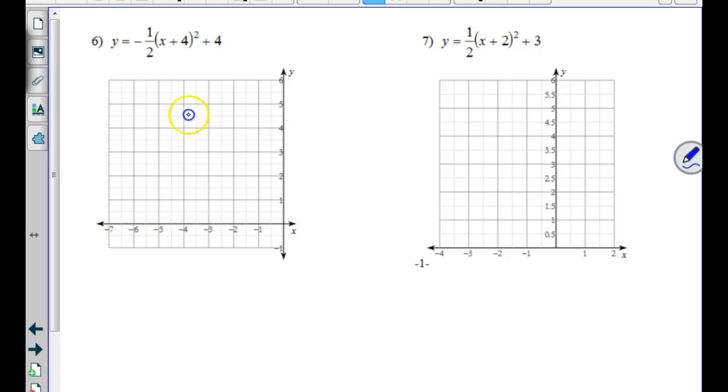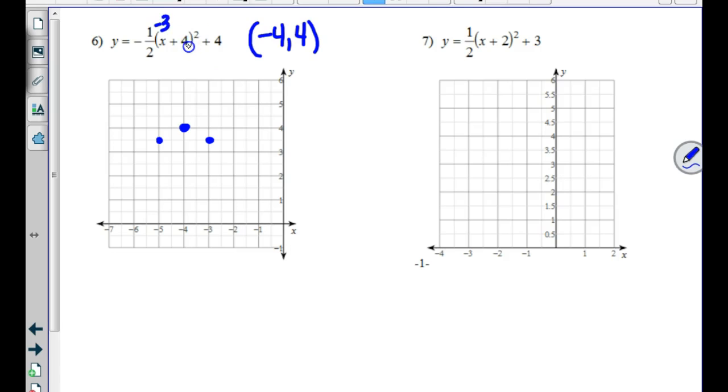What's going to happen with number 6? It's going to go down, and it's also going to be a little wider, right? So when I go out 1, I'm going to go normally down 1, but this is going to do what? It's going to go half only. Again, you could put in a -3.